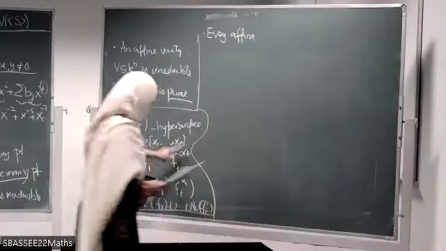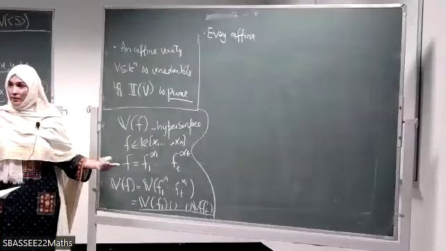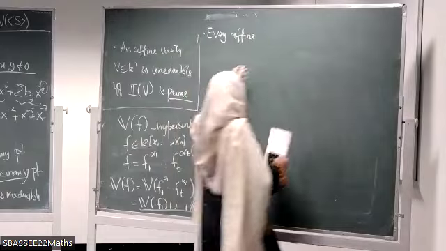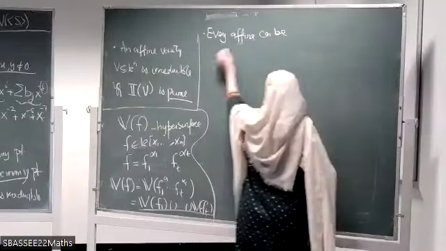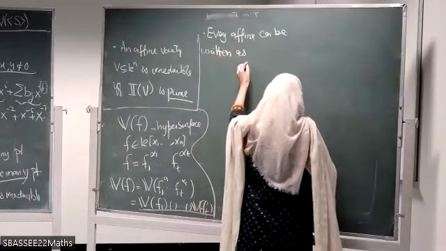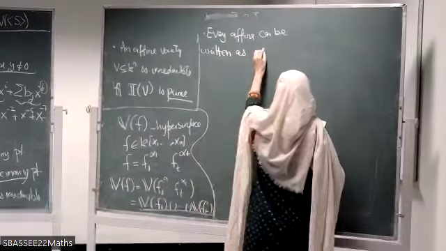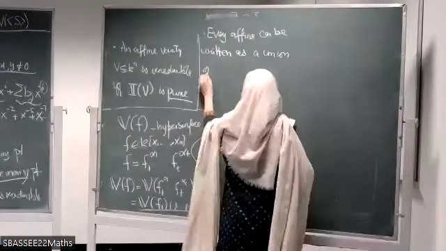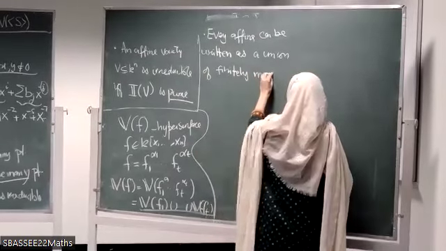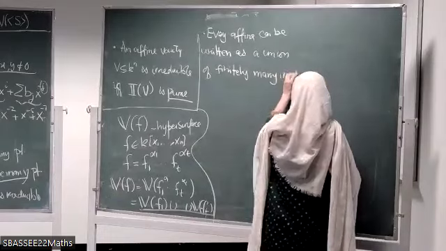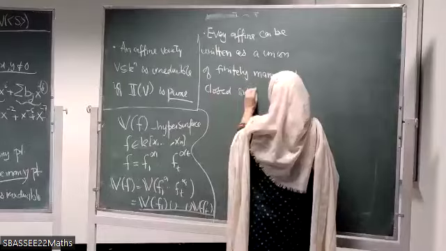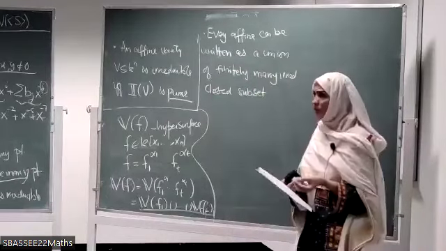So we can generalize this idea because here I'm just picking a hypersurface, but we can do this for every variety. So every variety can be written as a union of finitely many irreducible closed subsets, which means affine subvarieties actually.